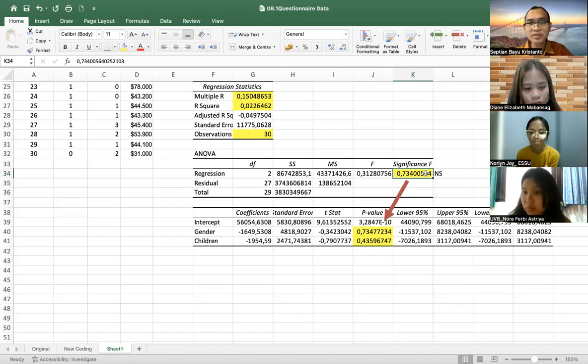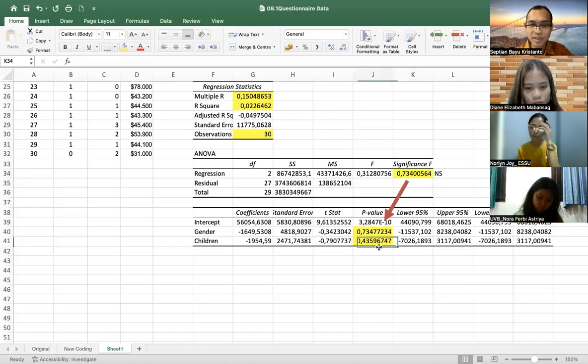But in our case, we cannot find the evidence or conclusions to ensure that the gender or children can predict how much salary should be paid for our employee. Okay. This is the step for single regression and multiple regression.